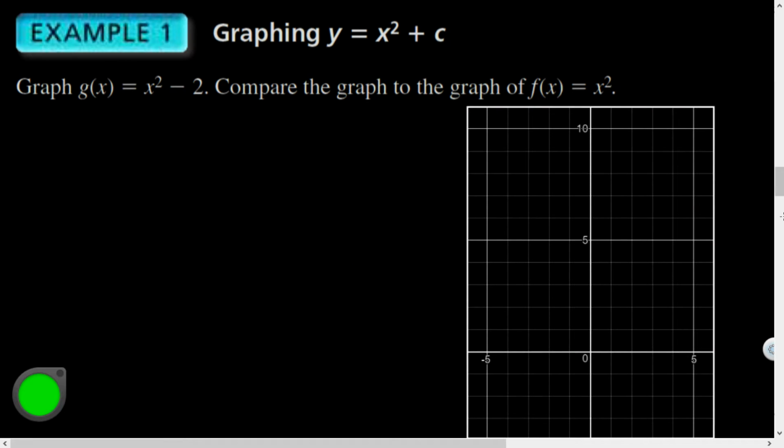Now, a regular parabola is going to look like so, right? Its vertex will be at the origin. And then to find other points, I'm going to go up 1 over 1, up 3 over 1, and then up 5 over 1. So 1, 2, 3, 4, 5 over 1.